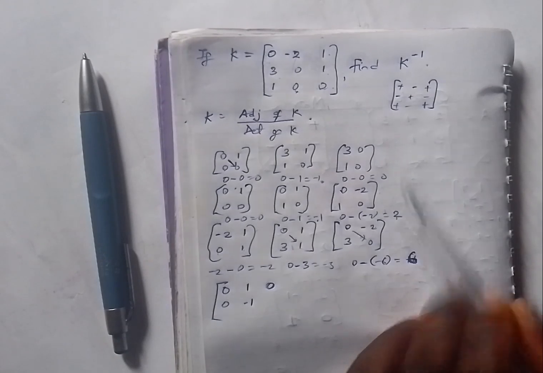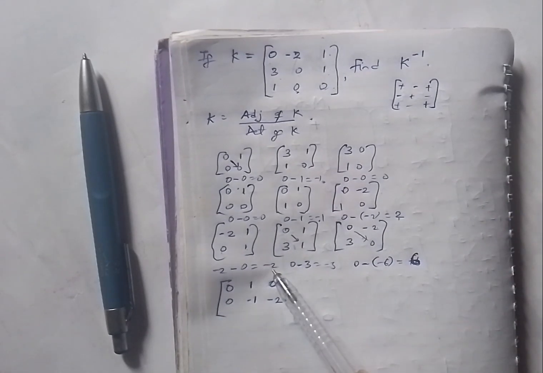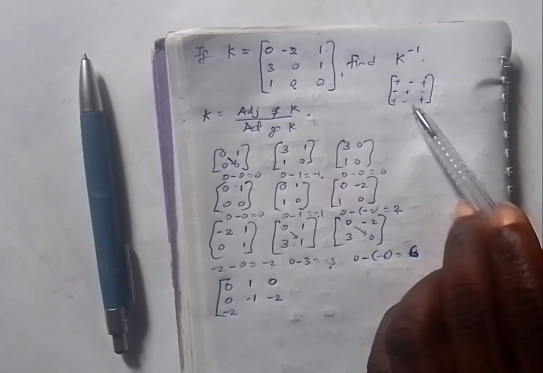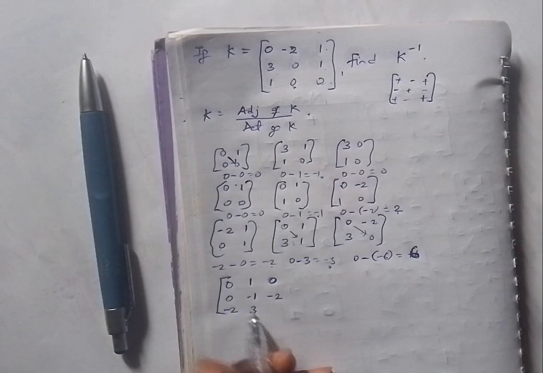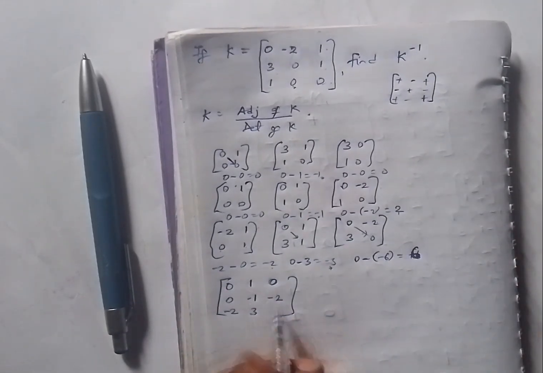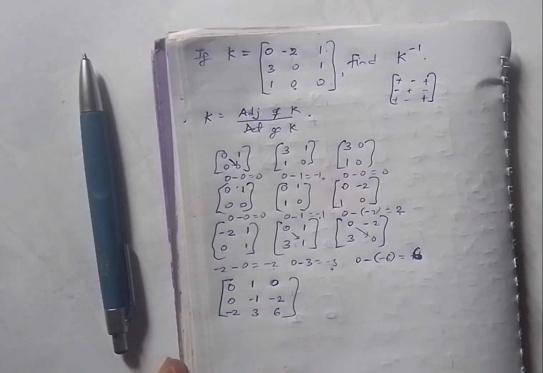A positive 2 times minus will give you a minus 2. A negative 2 times plus will give you a negative 2 again. A negative 3 times minus will give you a positive 3. And the last one, a positive 6 times plus will give you a 6. So this is the cofactor.